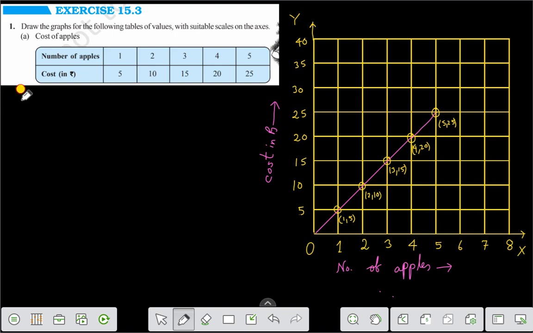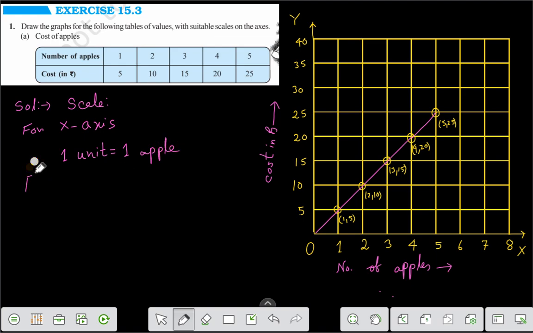Here the scale is as follows. For the x-axis we have taken 1 unit equal to 1 apple.